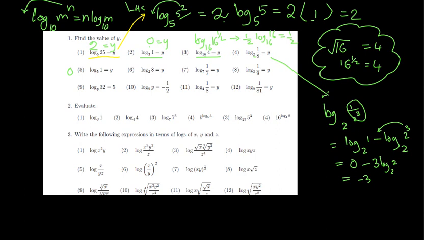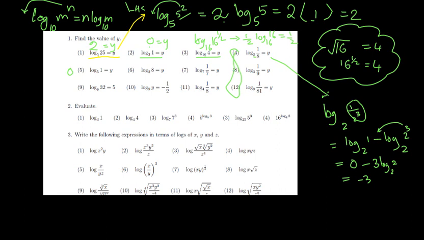Correct. Good. So the 3 will come to the front, right? Correct. Y equal to 3.